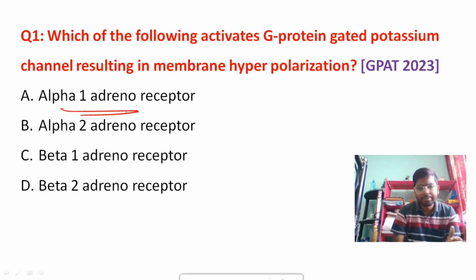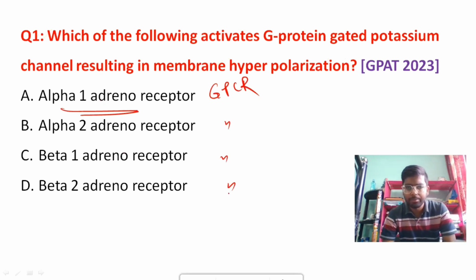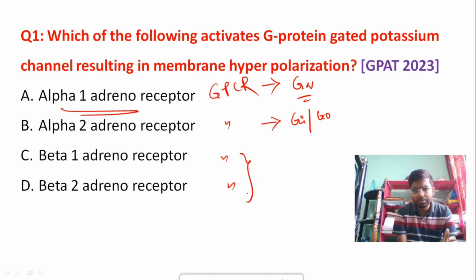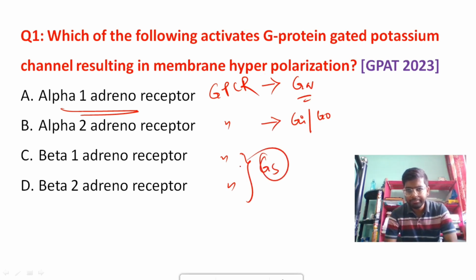Alpha 1 adrenoreceptor is a type of GPCR, and alpha 2 is also a GPCR, but alpha 1 is a Gq coupled GPCR. Alpha 2 is a Gi/Go type of GPCR, whereas beta 1 and beta 2 are GPCRs of the Gs subtype.